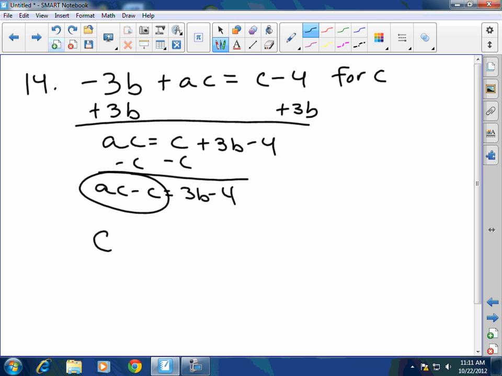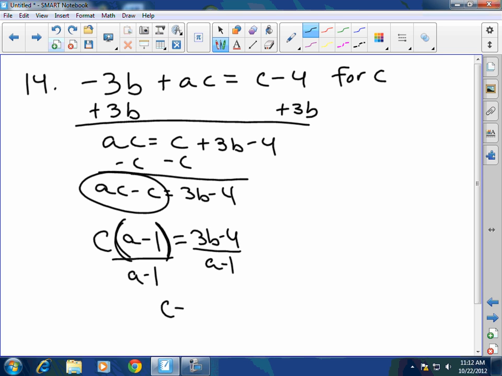So C times A gives you AC, so there's an A. And C times what gives you a negative C? A negative 1. That's what most of you did not do. So I've got 3b minus 4, divide a minus 1 to both sides because C is being multiplied to the a minus 1. And C equals 3b minus 4 over a minus 1.